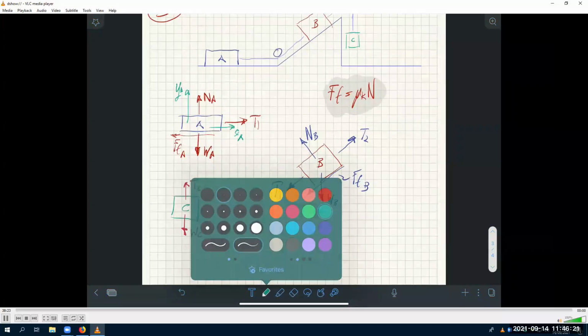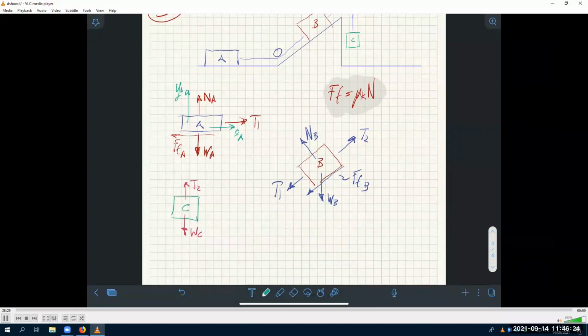What's missing here? Here we are missing the reference, the coordinate system. How would you choose the coordinate system here? Yes, so you want to align it so you don't have to split all vectors. You have 5 vectors and they are all mostly perpendicular to each other. So if I use this reference system, XB and YB, I don't have to split any of the vectors but WB.